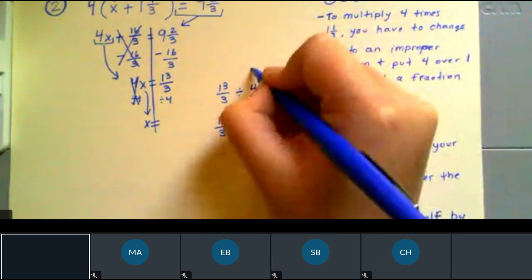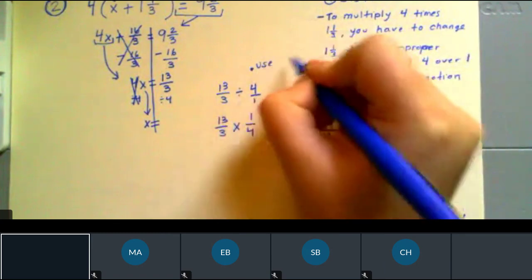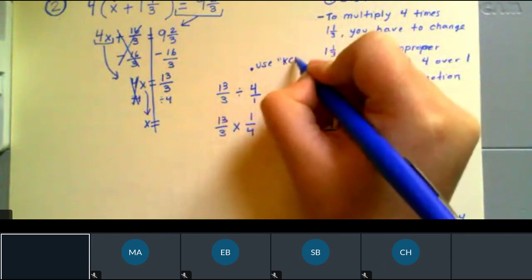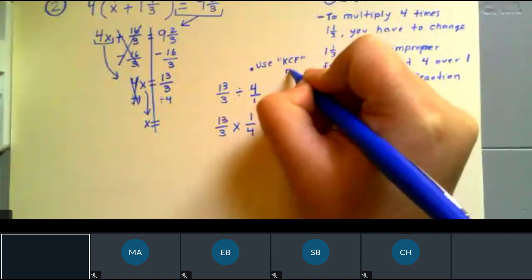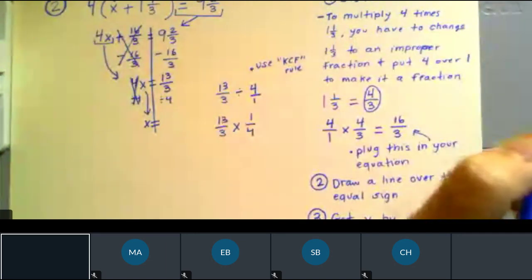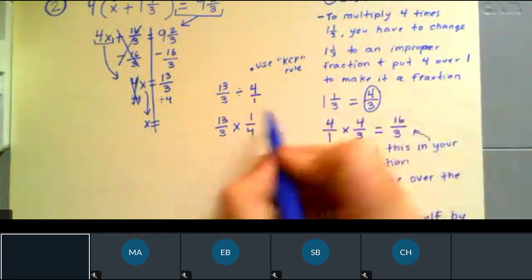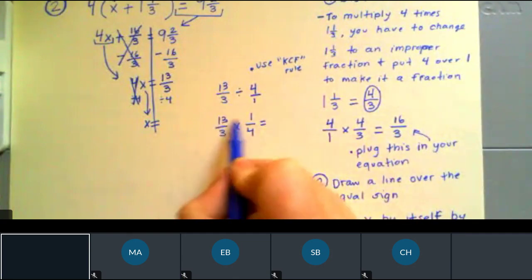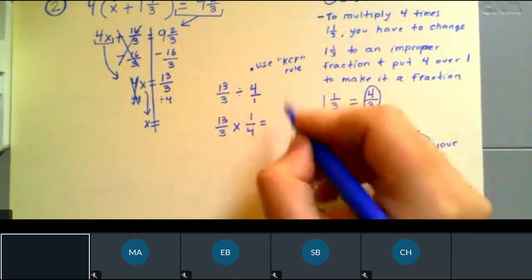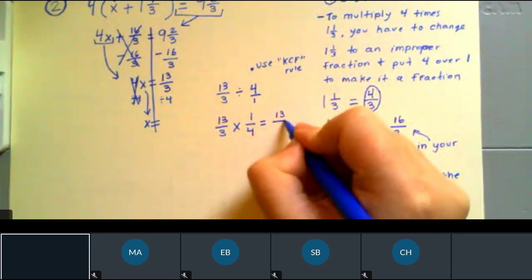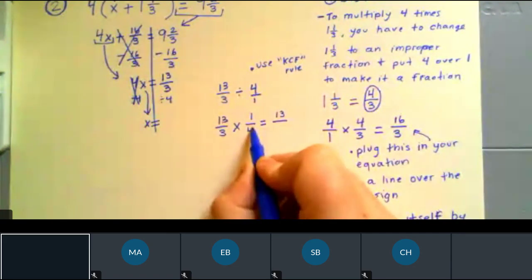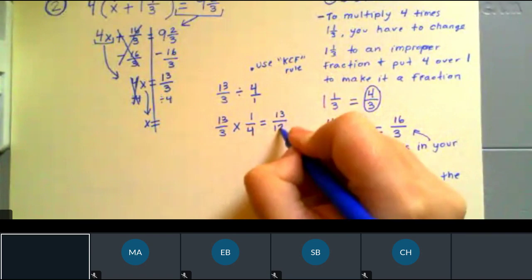So I'm going to put a little note here, use keep, change, flip rule. And then remember when you're multiplying, you just multiply the numerators. 13 times 1 is 13. 3 times 4 for the denominators is 12.